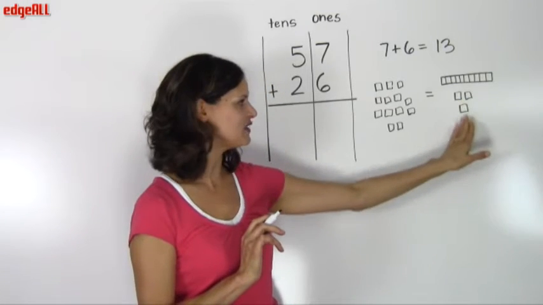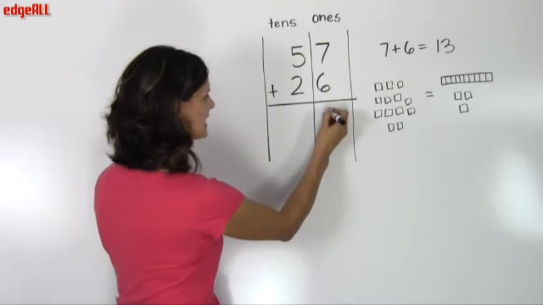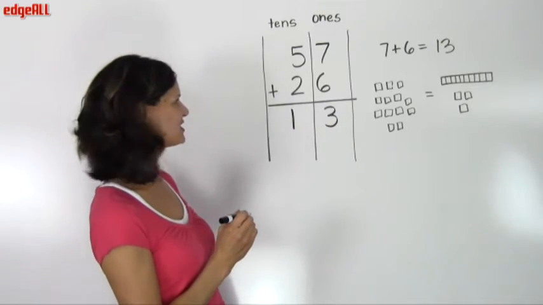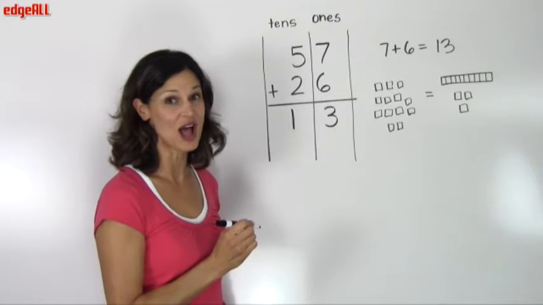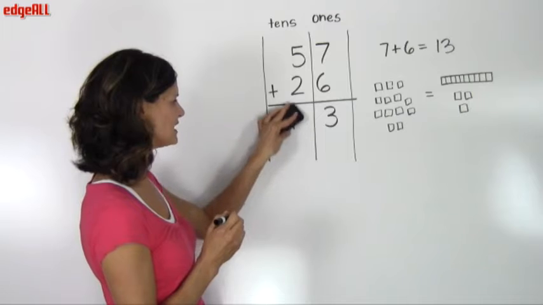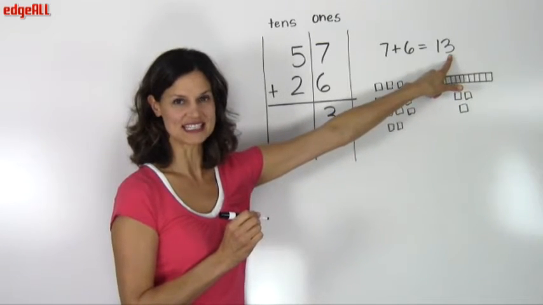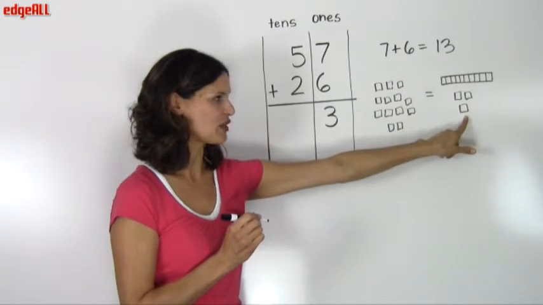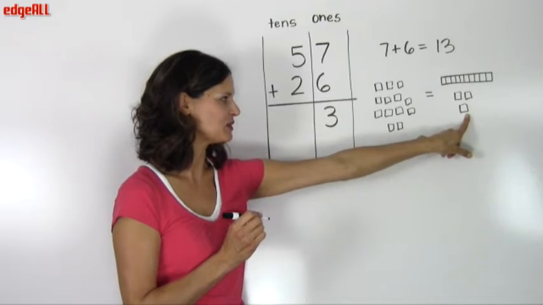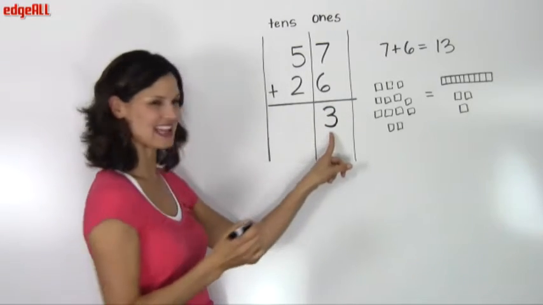So 3 individual pieces. Instead of writing a 13 here, we know that the answer to 57 plus 26 is not 13. It's way higher than 13. So we take the 3 of the answer, which is in our ones place, our 3 ones once we've regrouped, and we put the 3 here in the ones column of the answer.